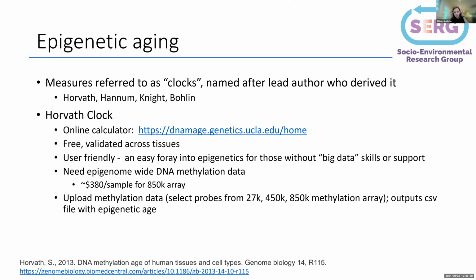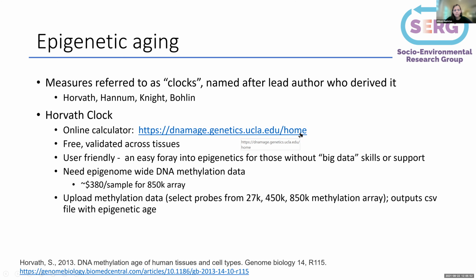So one issue in epigenetics is that with DNA methylation, there are different epigenetic signatures within a person across different tissues. So a blood-based epigenetic signature might be different from a placenta-based epigenetic signature in the same person. So this Horvath clock is said to be validated for use across tissues.